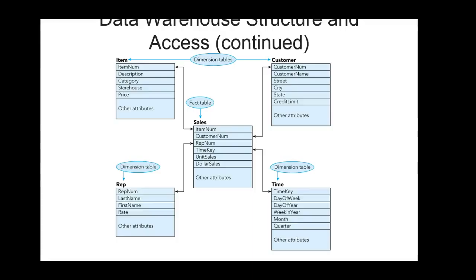The fact table contains a multi-part primary key, each part of which is a foreign key to the surrounding dimension tables. Each dimension table contains a single-part primary key that serves as an index for the fact table and contains other fields associated with the primary key value. The overall structure is shown here.